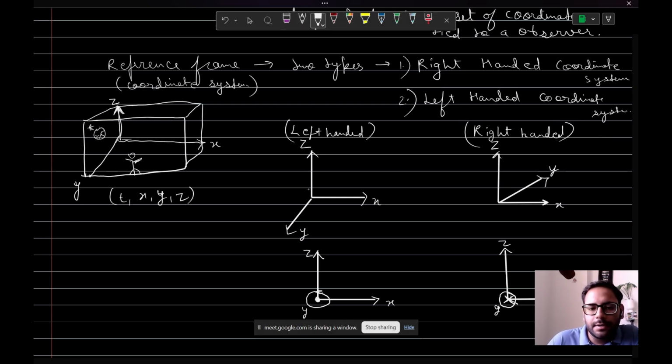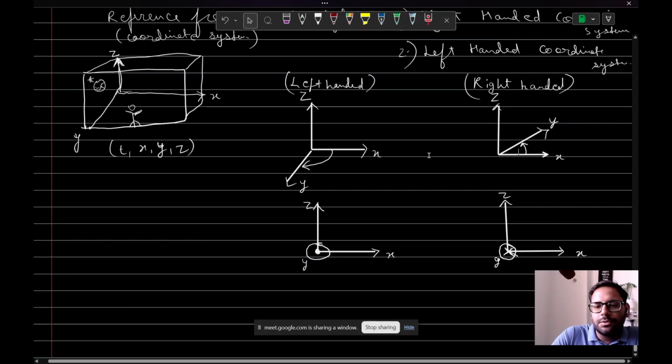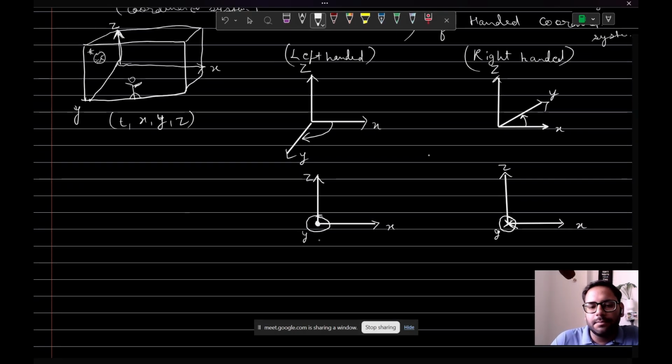So how do you define it? You can curl your fingers from X to Y with your left hand, and similarly, you can curl your fingers from X to Y with your right hand. So this is the basic difference, and both can be used as a coordinate system.